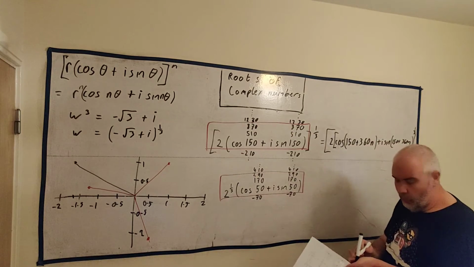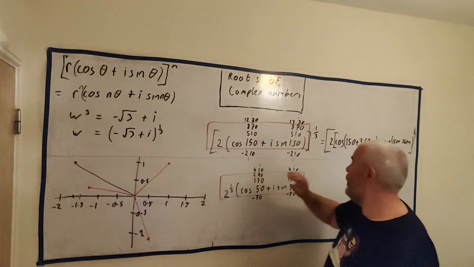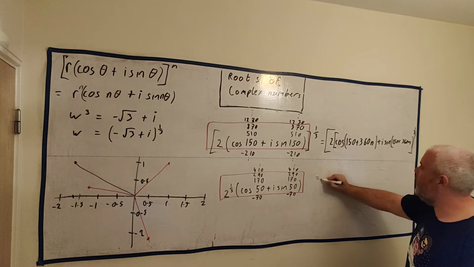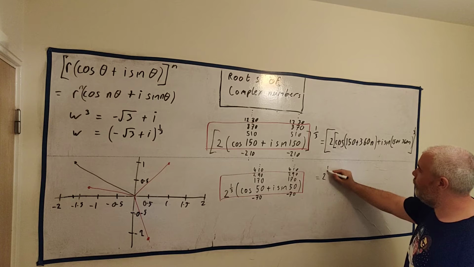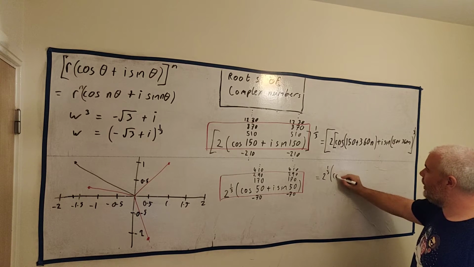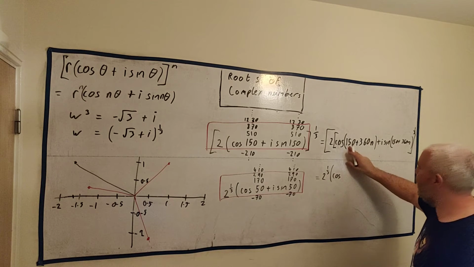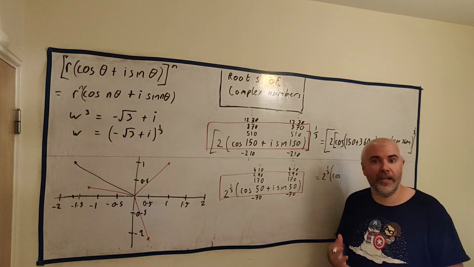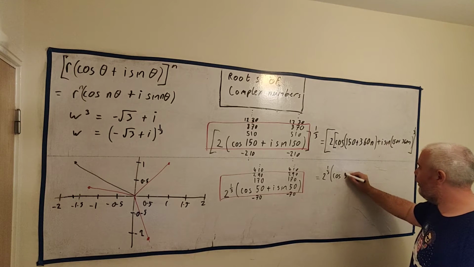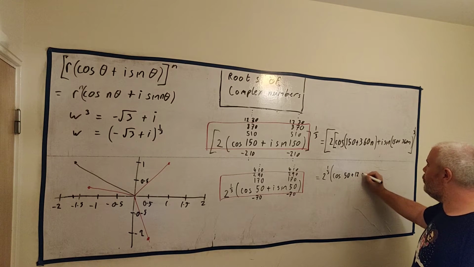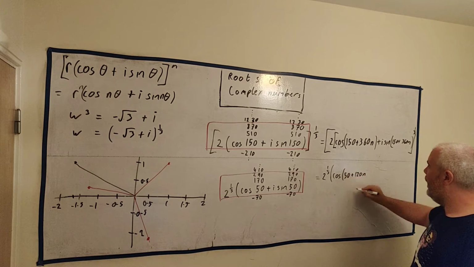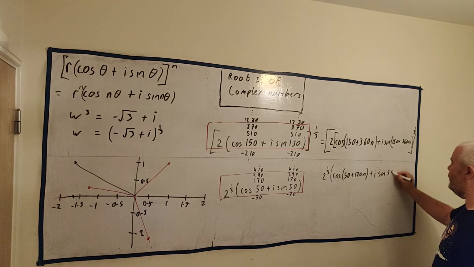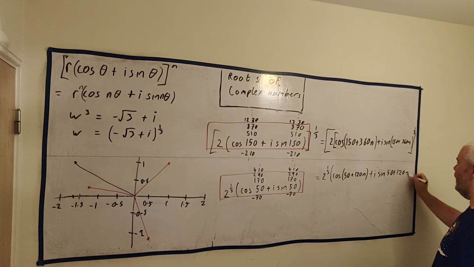If you look at a more general form, it still makes sense if we look at this general form here. Let's use De Moivre's theorem on this guy. It will still equal 2 to the power of 1 over 3. We'll still get cosine of 150 plus 360n divided by 3. Well, that'll just become 50 plus 120n, plus i sine of 50 plus 120n.